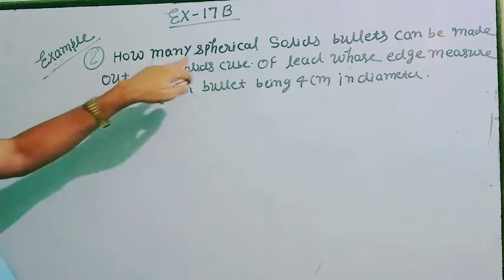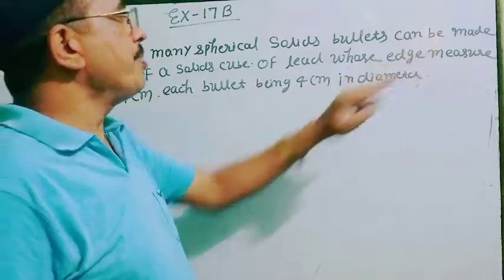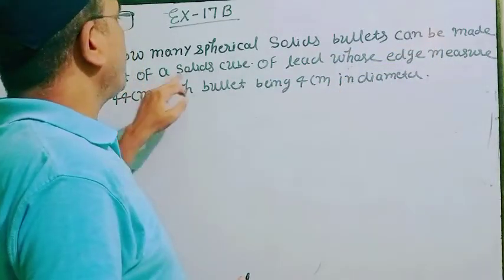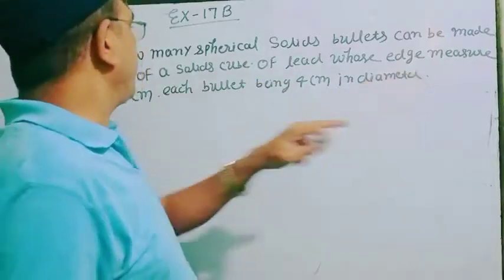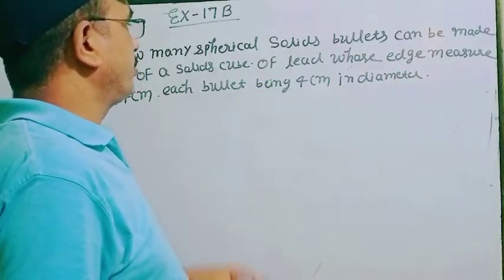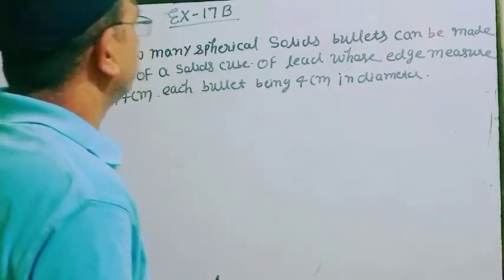How many spherical solid bullets can be made out of a solid cube of lead whose edge measures 44 cm, each bullet being 4 cm in diameter?